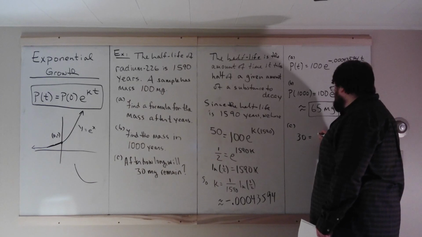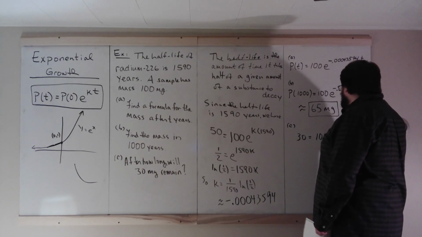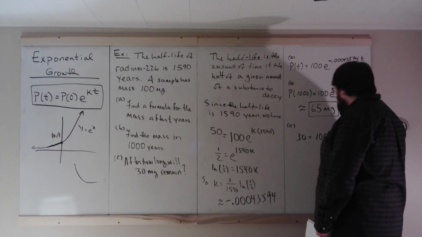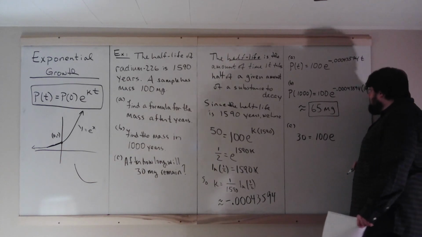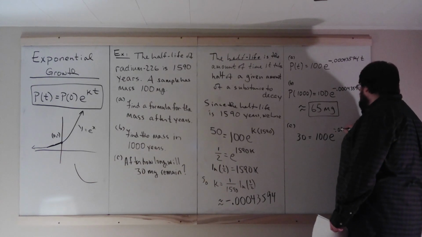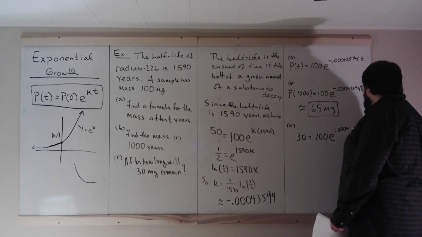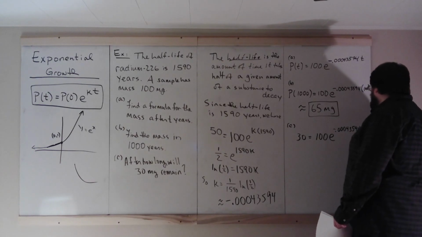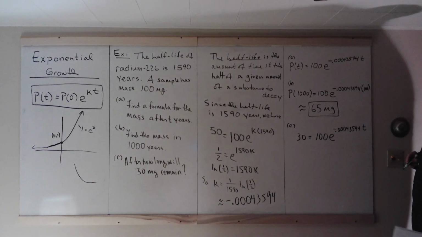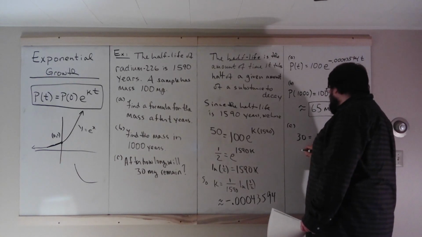Well, then 30 equals 100 e to that number times t. Well, we just have to solve for t. So divide by 100.